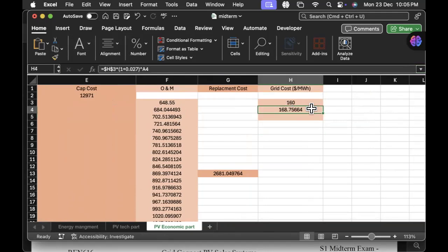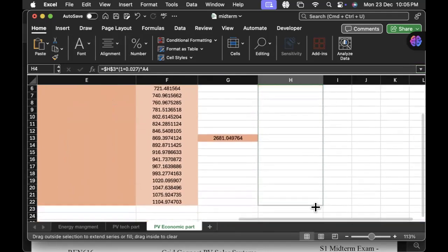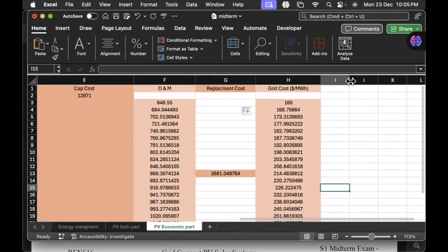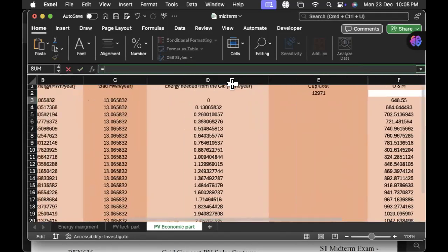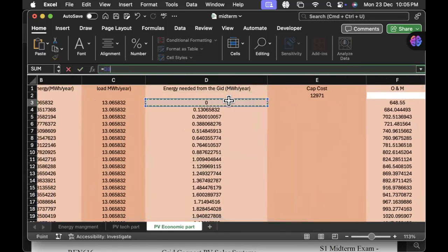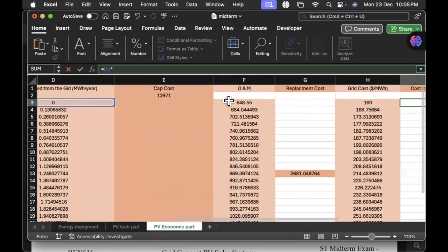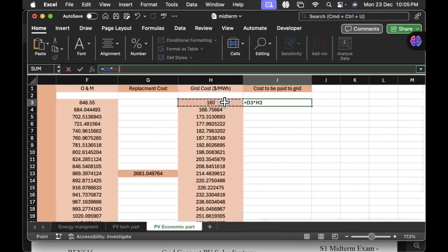Okay, so this is simply the cost in year number 2, and then the cost to be paid to the grid is simply the multiplication between this number, energy needed from the grid, times this number, of course starting with 0.